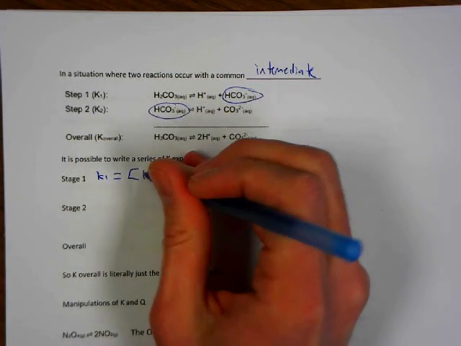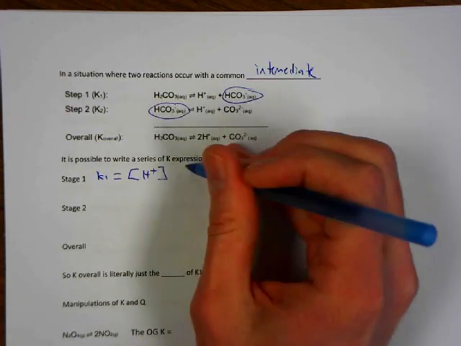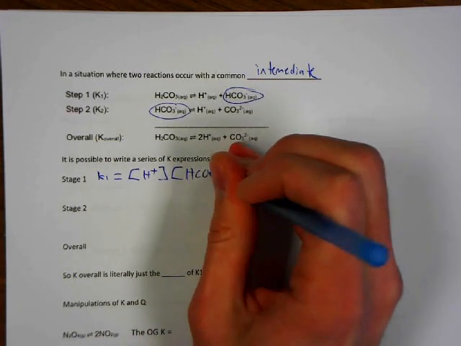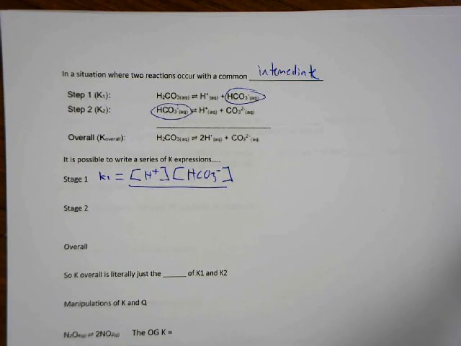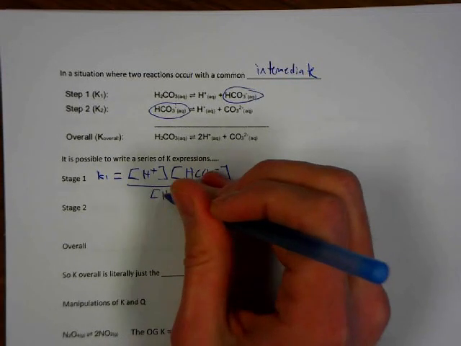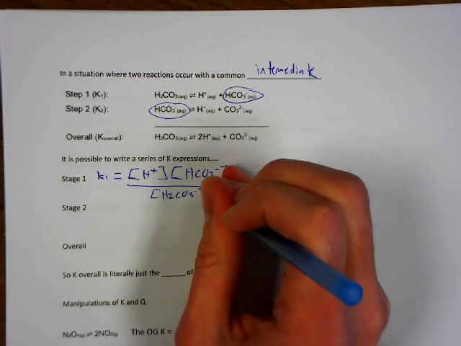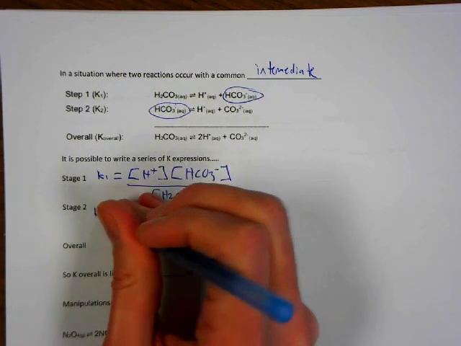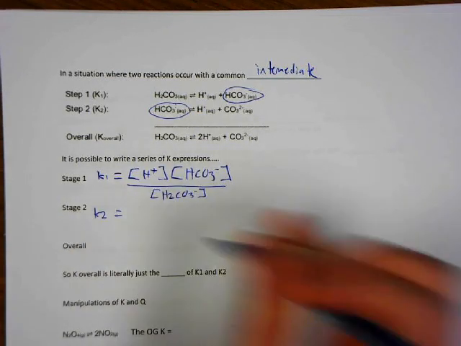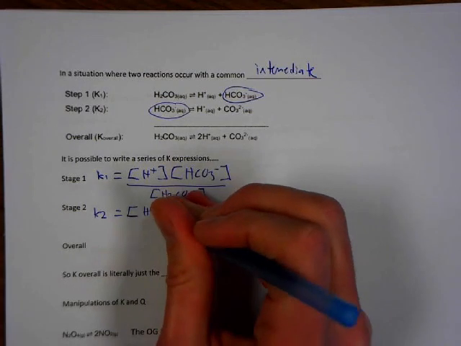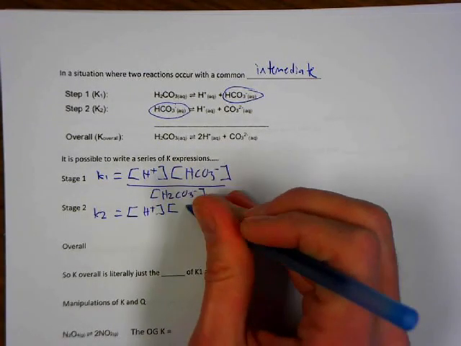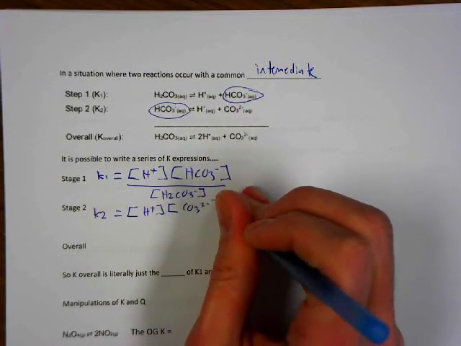If I was going to write K1, K1 would equal the concentration of H plus times the concentration of HCO3 minus over the concentration of H2CO3.